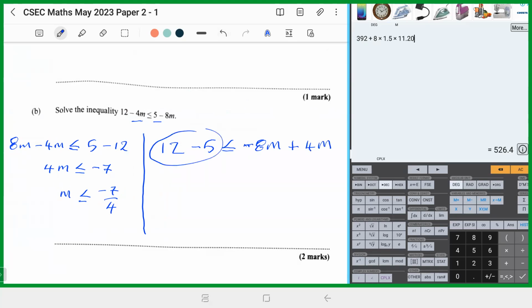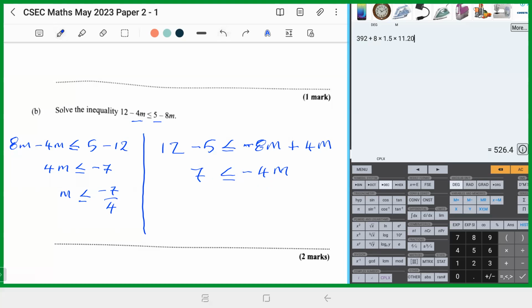And so this side becomes 7 less than or equal to, negative 8m plus 4m, which is negative 4m. But now, if I divide through by negative 4, then I would have to reverse this inequality sign for it to remain true.